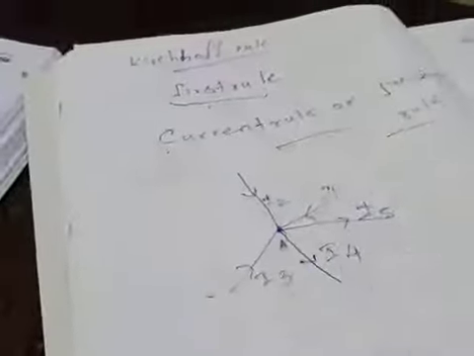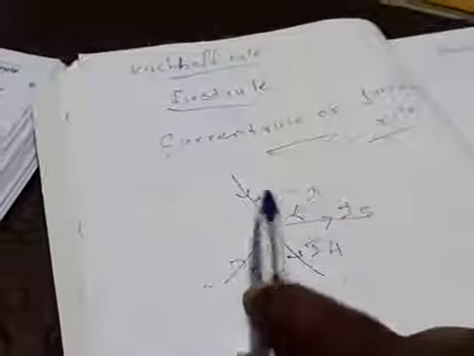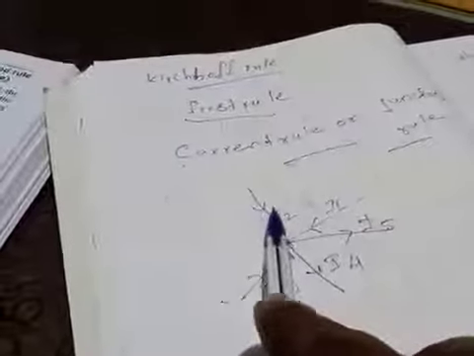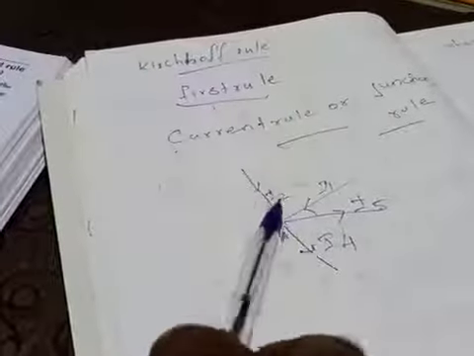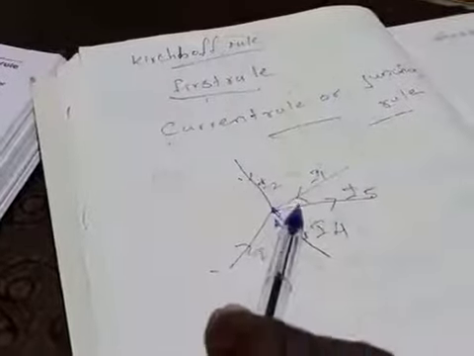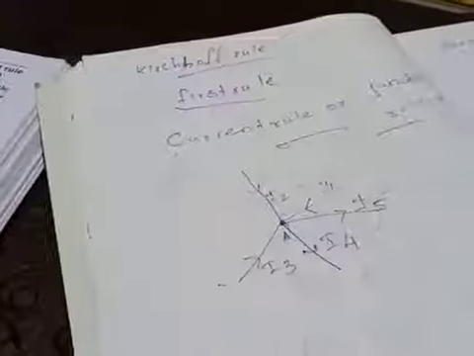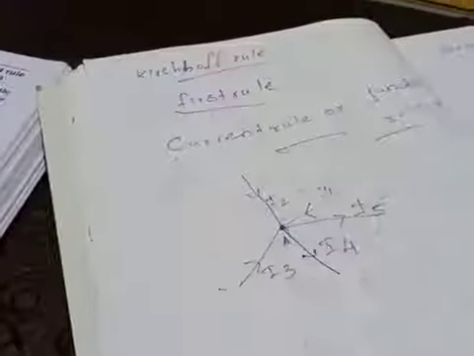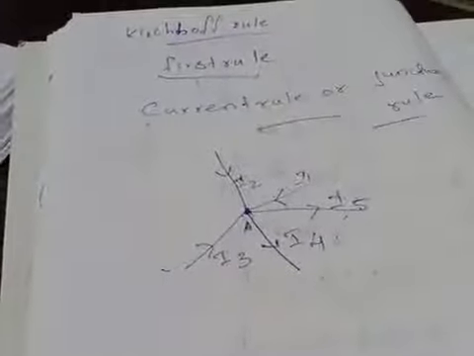This is what Kirchhoff said. You can see that the arrow marks only indicate current direction: I1, I2, I3 are moving towards this junction, and I4 and I5 are going away from the junction.